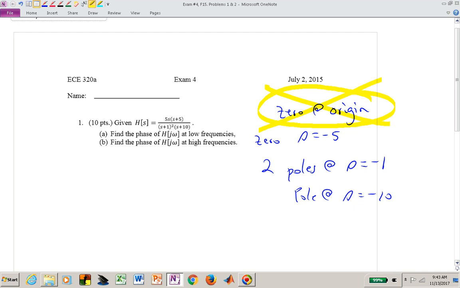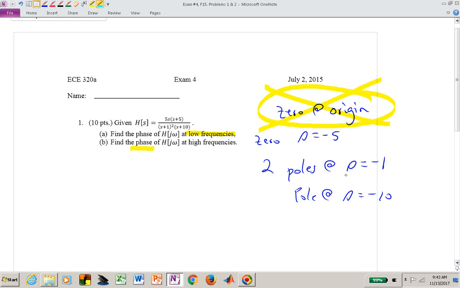What would we consider low frequency? Well, in this case, since we're talking about phase, we need to be worrying about a decade below and even further below that to consider something low from the smallest frequency of interest in your system.